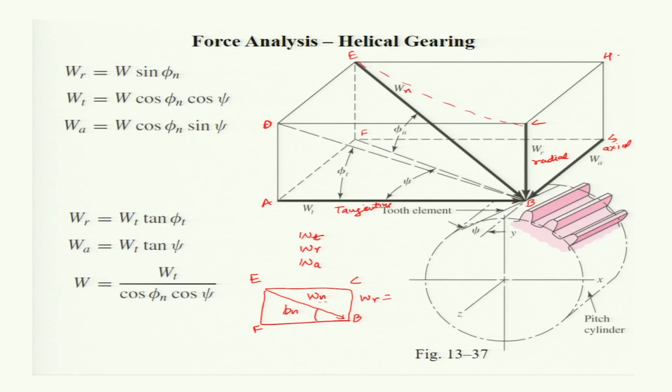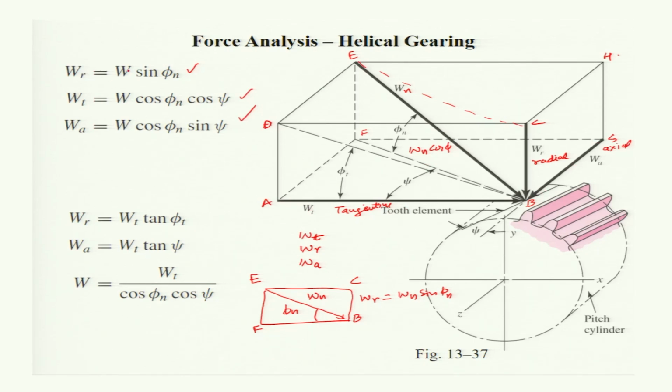So Wr is Wn sine of phi n, which is shown here. And thereafter the component of Wn in the FB direction is Wn cos phi n. Now this component, Wn cos phi n, is taken along AB and BC, and which will provide you the tangential load and the axial load.